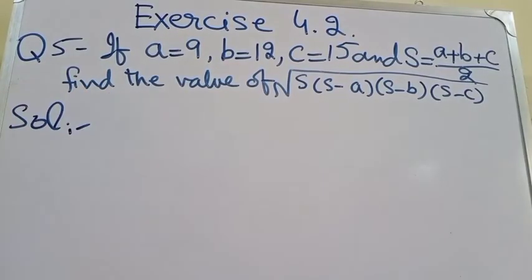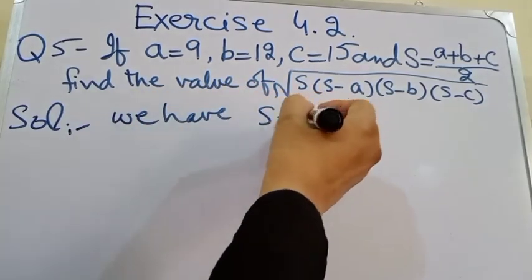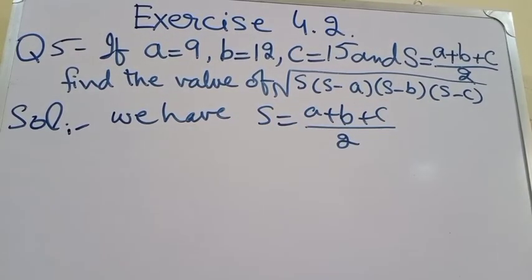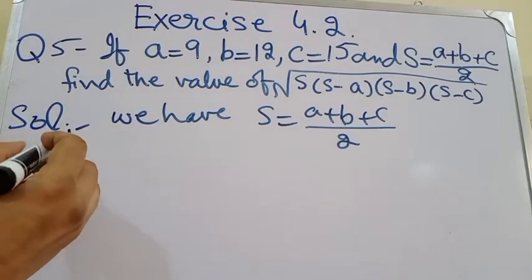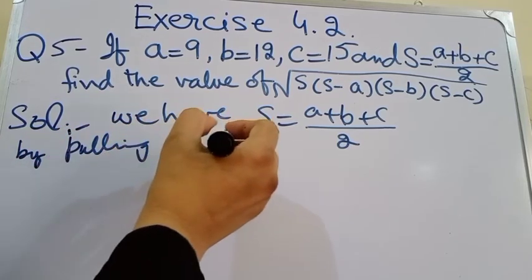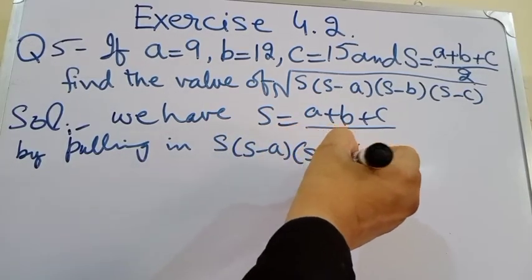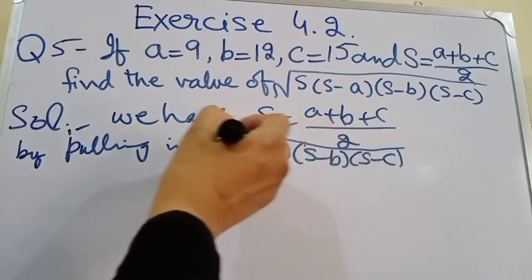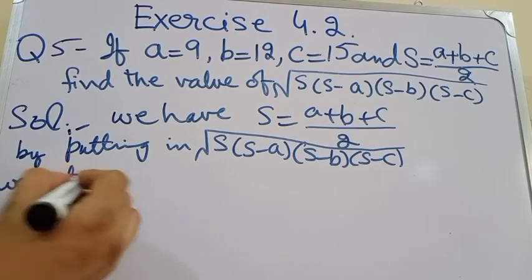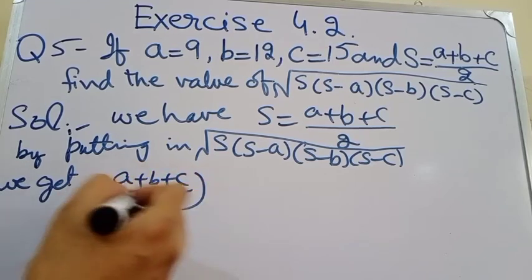Solution: we have S is equal to A plus B plus C divided by 2, and by putting in S, S minus A, S minus B and S minus C, we get S, A plus B plus C divided by 2.